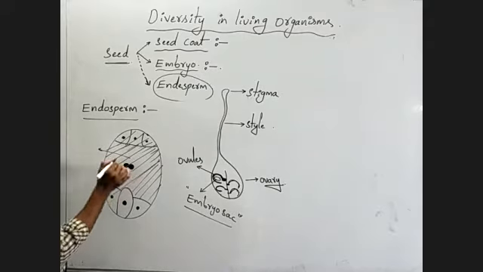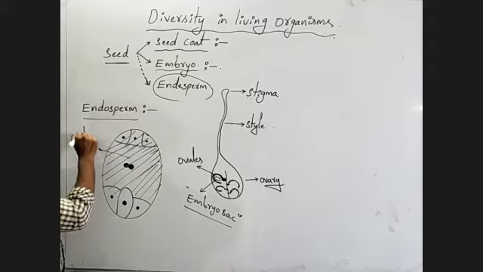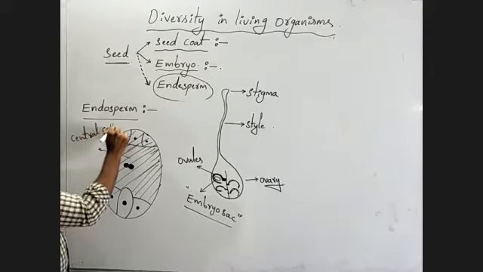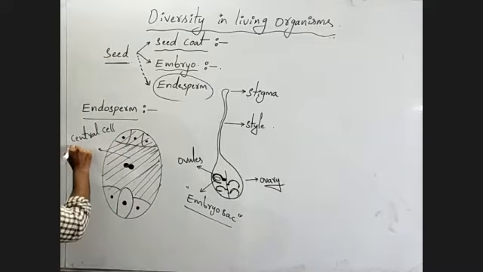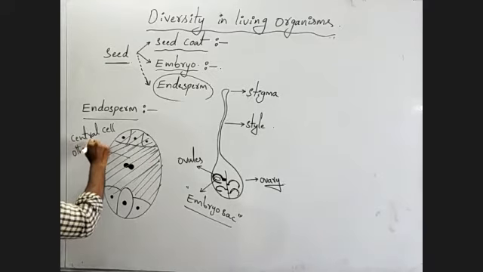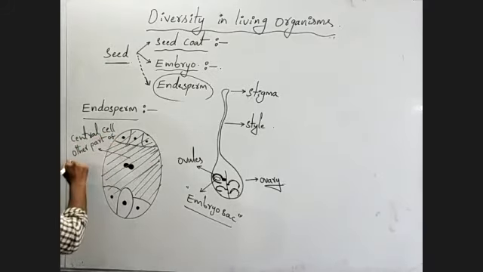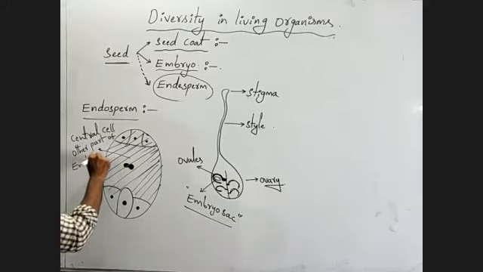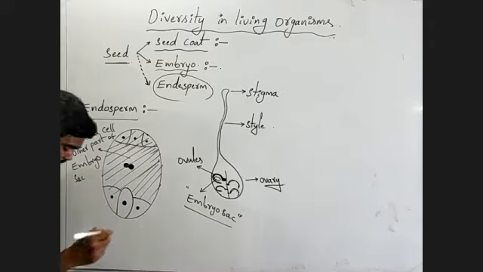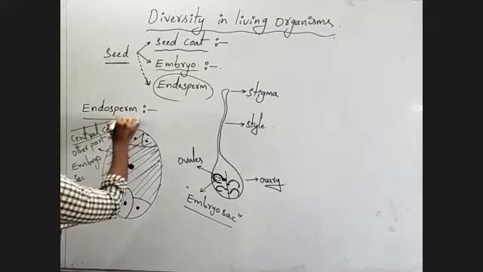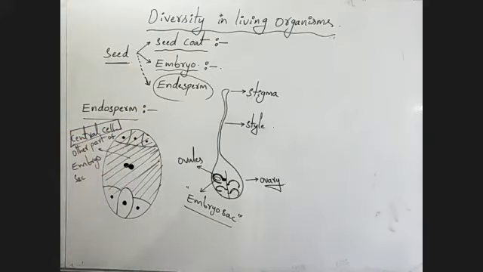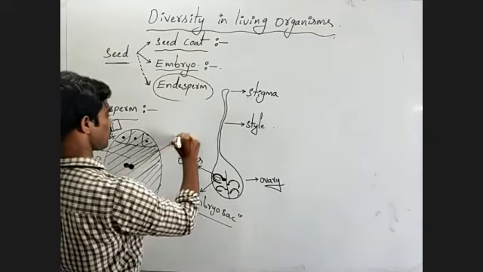Okay, here the polar nuclei. This entire region is the central cell, and some other part of the embryo sac is developed as the endosperm. The main one is the central cell, the nucleus of the central cell. These are the polar nuclei.